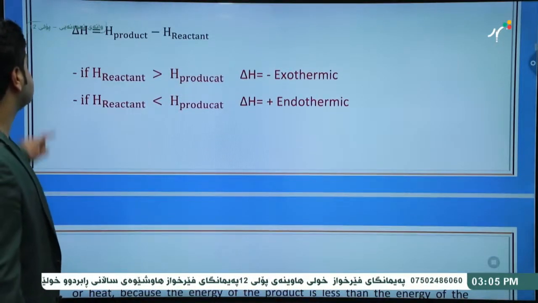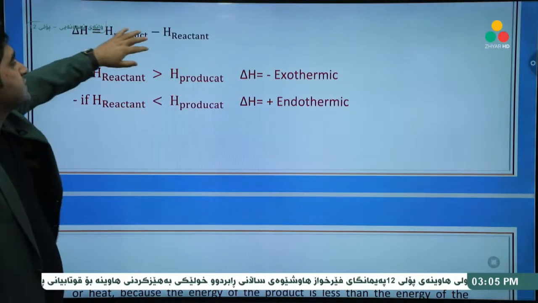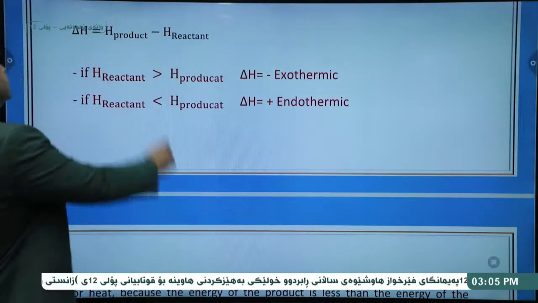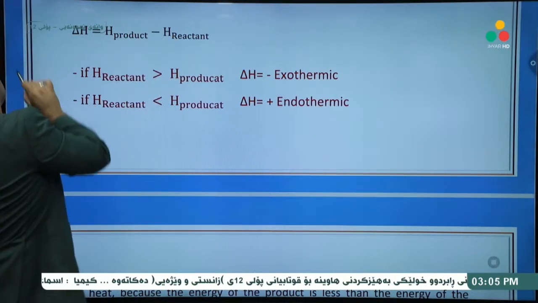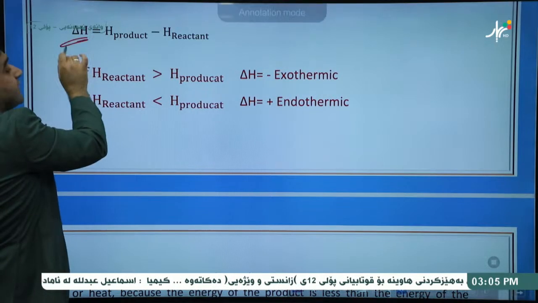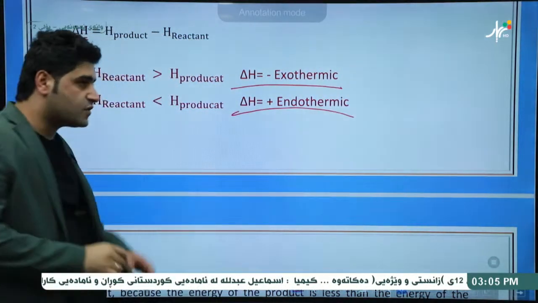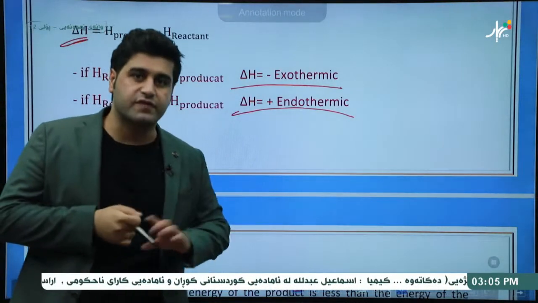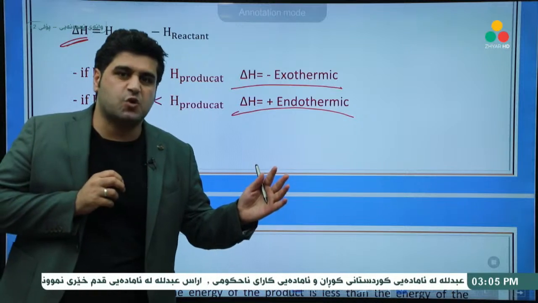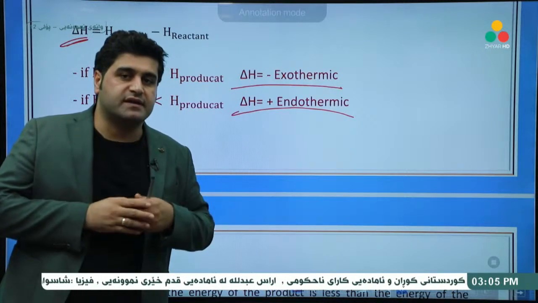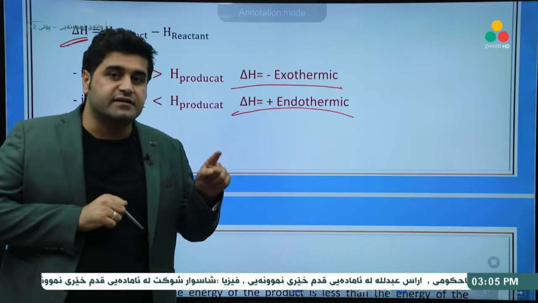So delta H is equal to the energy of the products minus the energy of the reactants. It means H of the products minus H of the reactants. So there are two types of delta H, exothermic and endothermic. Exothermic releases energy, endothermic absorbs energy.